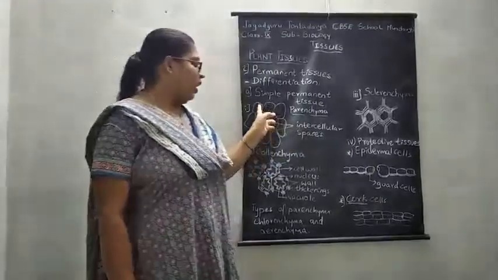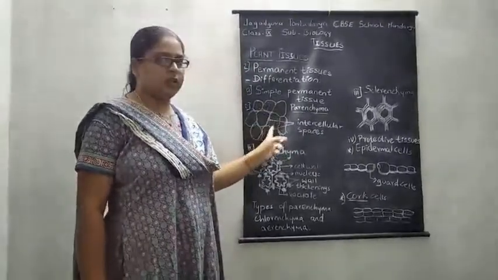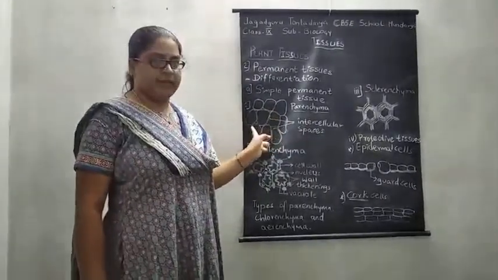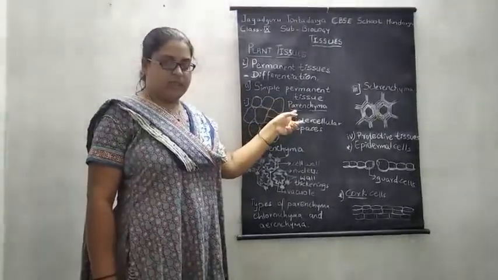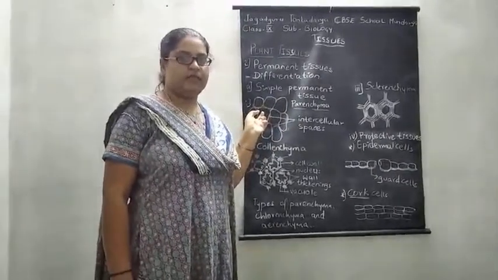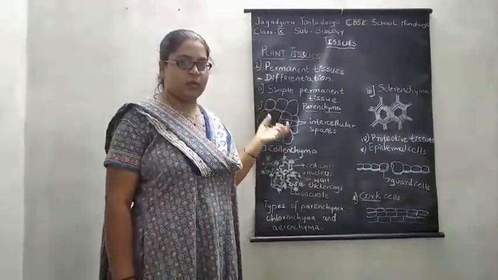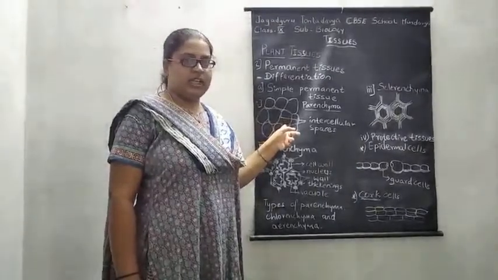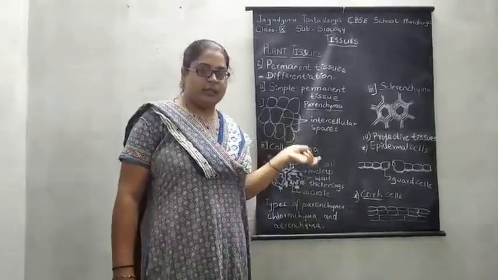Loosely arranged means that when these cells form one layer, one group, there will be some space in between the cells. So in the simple permanent tissue, parenchyma tissue has oval shaped cells with spaces in between them. The cells are loosely arranged, and these spaces are filled with air, or filled with some coloring materials.